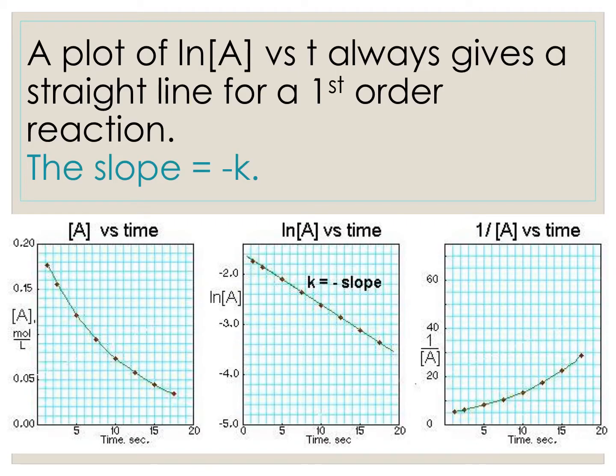So a plot of ln[A] versus t always gives a straight line for a first order reaction. For the M&M lab, we decided it was a first order reaction. We got a straight plot. Now, while that wasn't an actual chemical reaction, it works. First order means it depends on concentration. It directly depends on concentration. The more M&Ms we have, the more M&Ms will show an M when you roll them out.